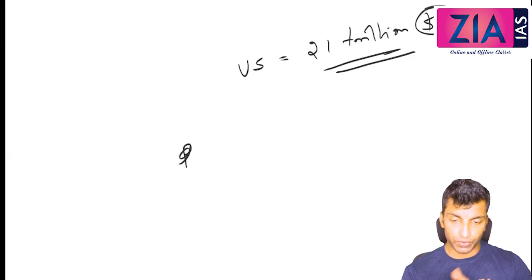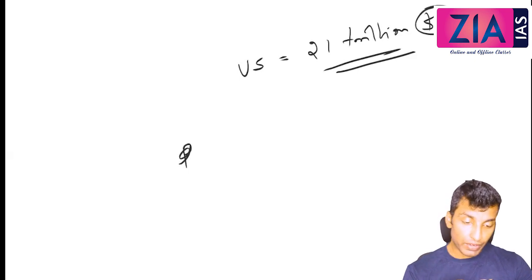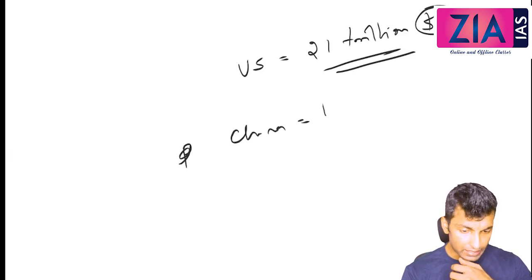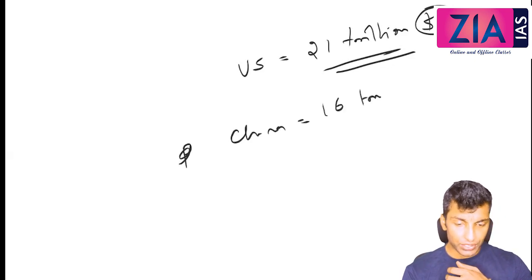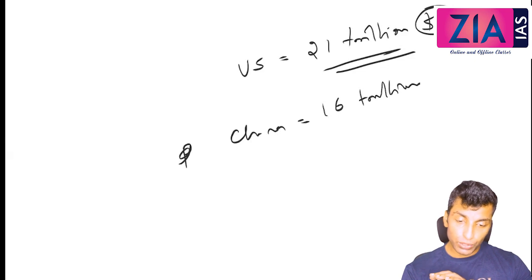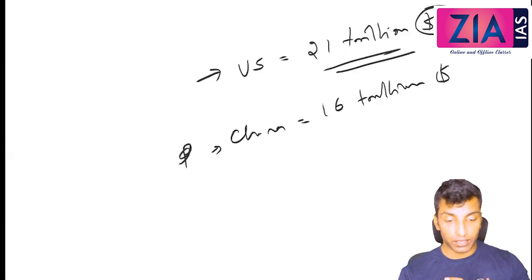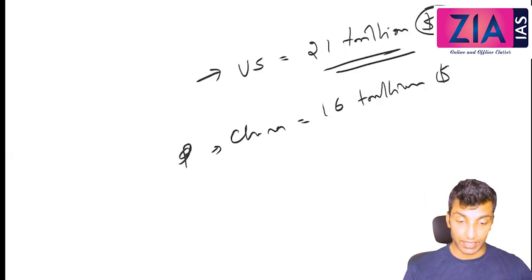Normally this is in dollar, so we don't say market exchange rate. When we talk about China, I don't know exactly what their GDP is, maybe around 15-16 trillion. It is around 16 trillion. This is also in terms of dollar, but this is what we call market exchange rate. Both are understood in terms of market exchange rate.